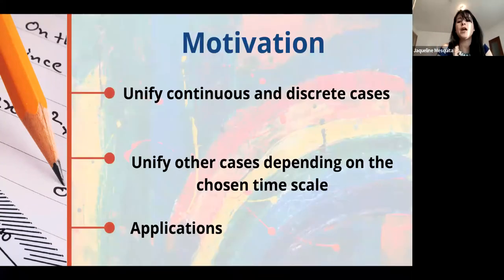We can unify continuous and discrete cases, and also unify different orders depending on the chosen time scale. We can also have applications to models with hybrid behavior, because sometimes a phenomenon happens continuously, then discretely, then continuously again, and so on. When we have this type of behavior, time scales fit very well to describe the model.